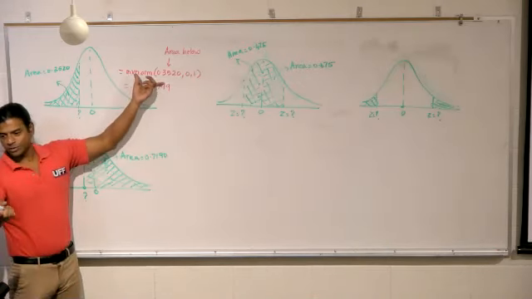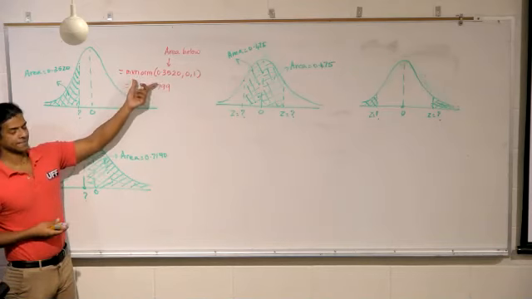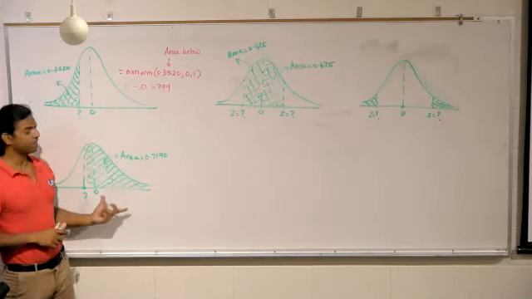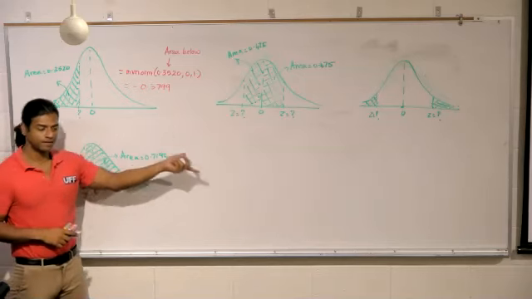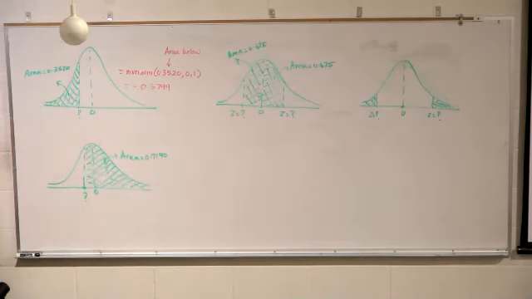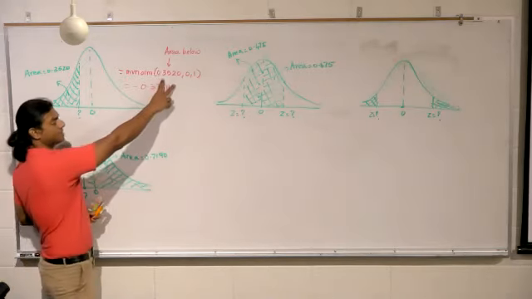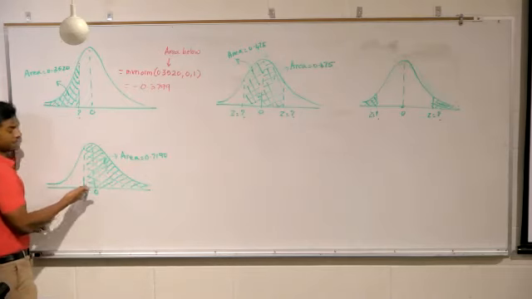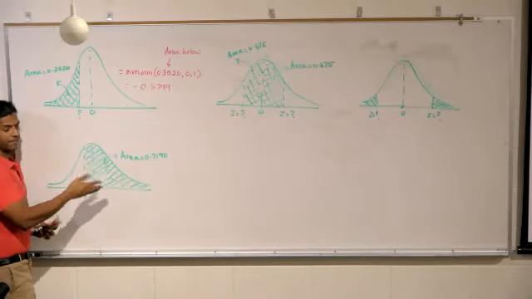If you have the newer fancy version of the calculator, you can choose left, right, or center. In this case, you would choose right. But if you have the older versions, mind you that the first argument is always the area below. In this problem, the area above is given.